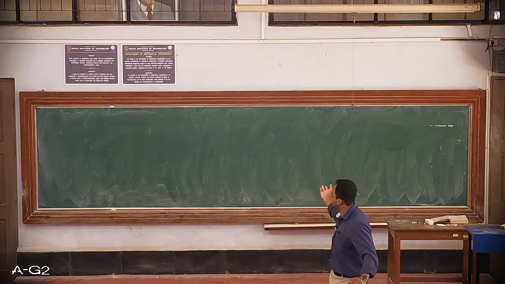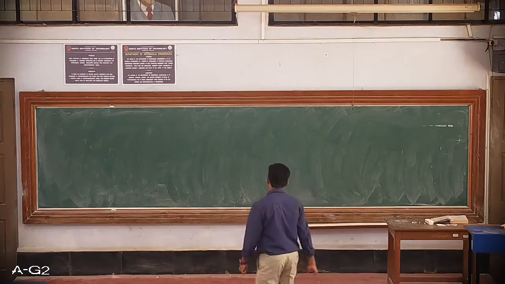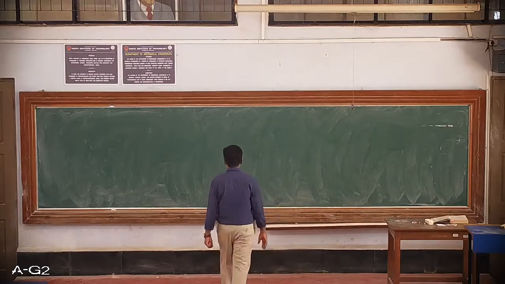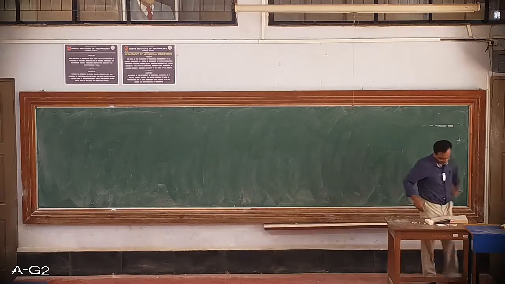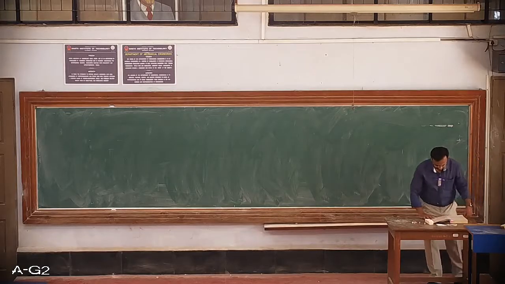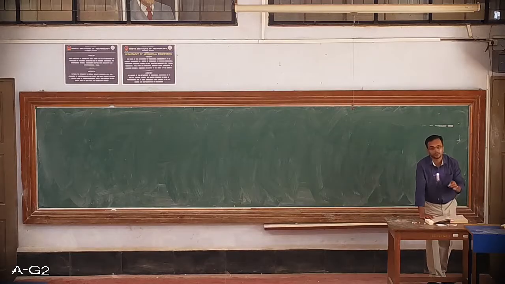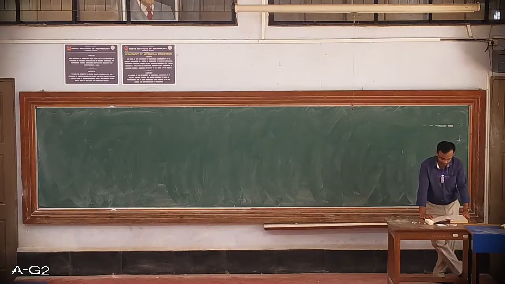And one more thing which I am changing is the type of follower. From knife edge we are shifting it to now roller follower. So you can take down the problem. I'll dictate the problem, and also again I will be writing all the important given data on the board.